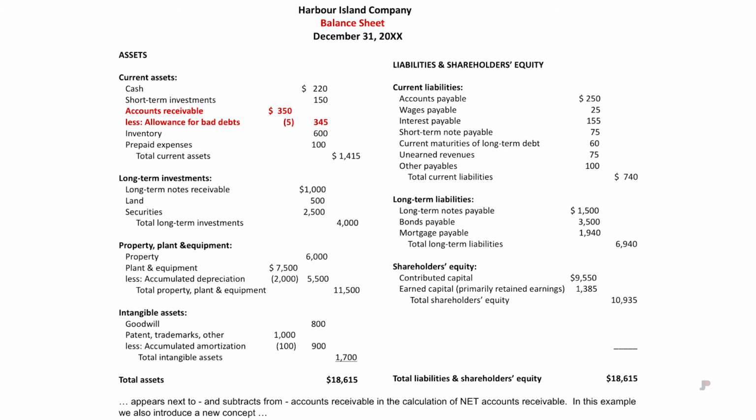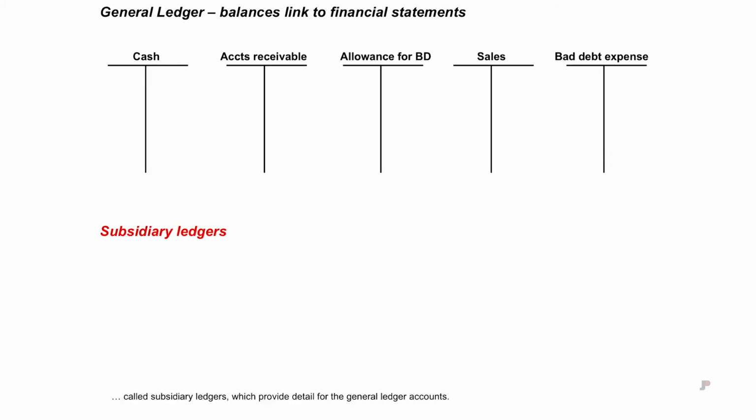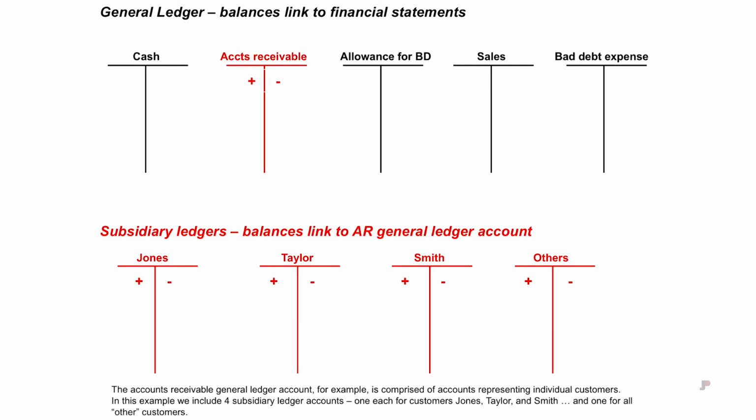In this example, we also introduce a new concept called subsidiary ledgers, which provide detail for the general ledger accounts. The accounts receivable general ledger account, for example, is comprised of accounts representing individual customers.